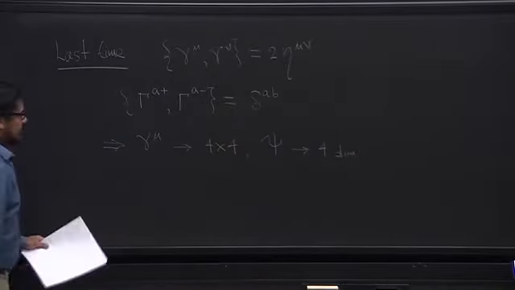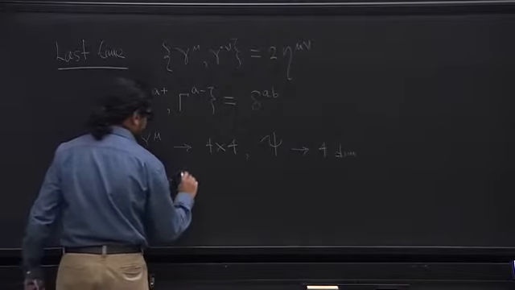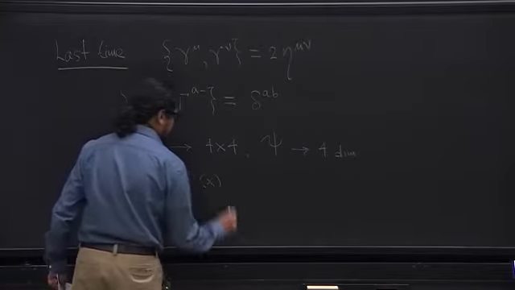What we did then is we said that we are going to promote the Dirac spinor, which was constant, to be a function of space-time.